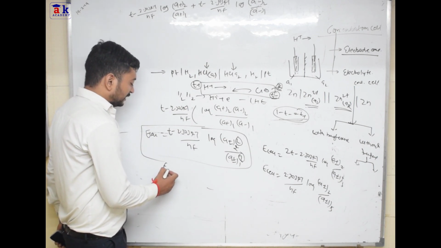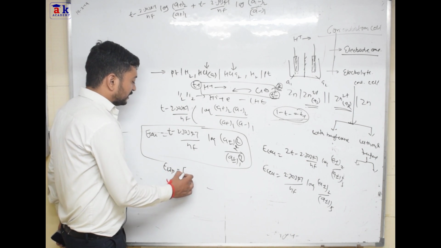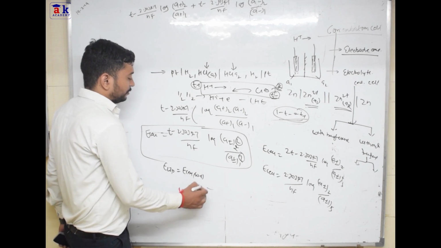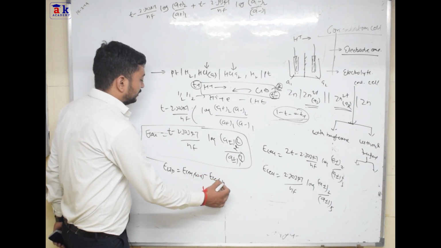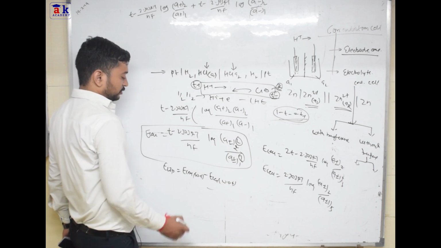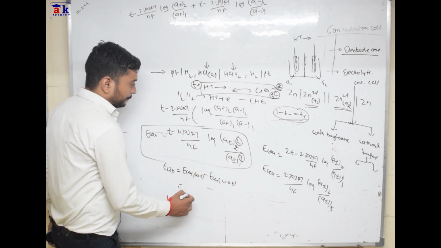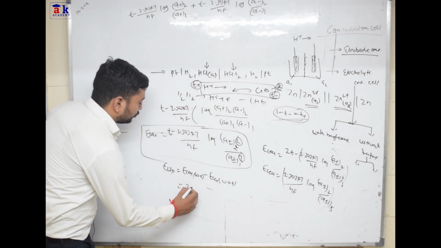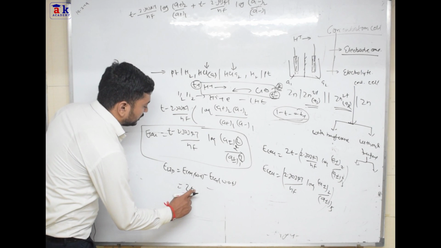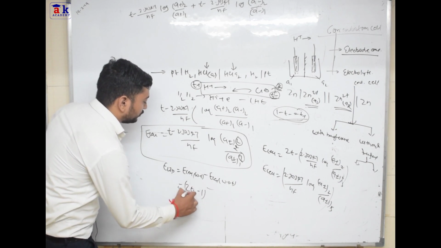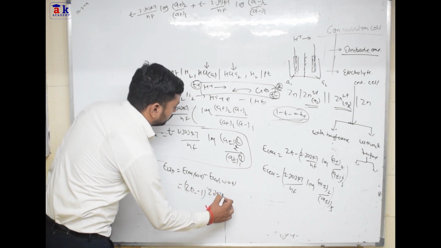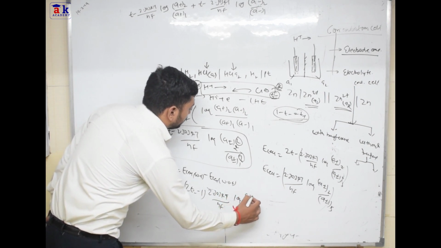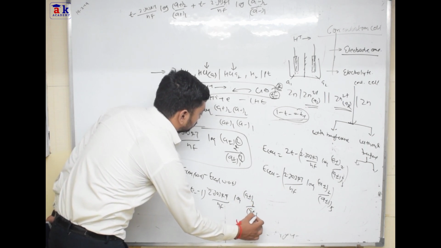So let me represent, this is LJP, it will be equal to E cell with transference (WT) minus E cell without transference (WOT). If I subtract both of them, this will become this minus this, so the common term we have will become 2T minus, here minus is at the subscript minus 1, and here we have 2.303 RT upon NF log of A plus minus 2 over A plus minus 1.